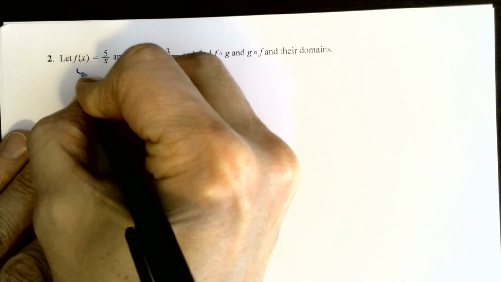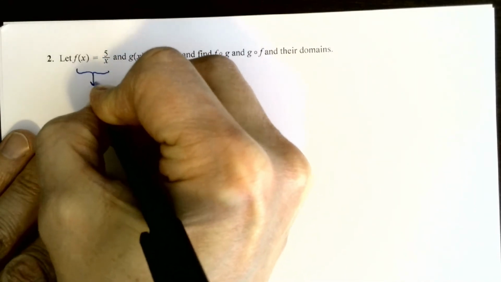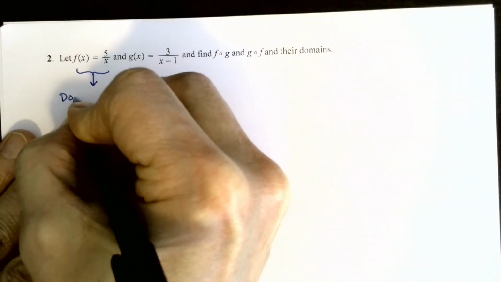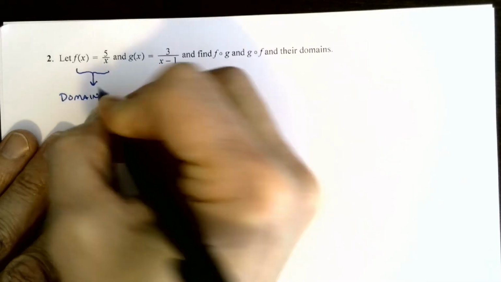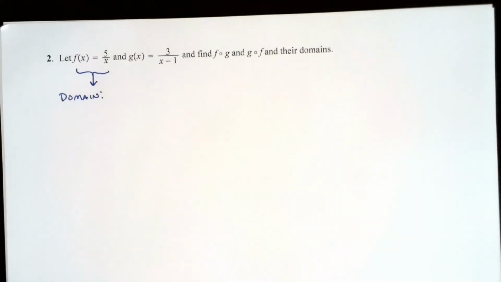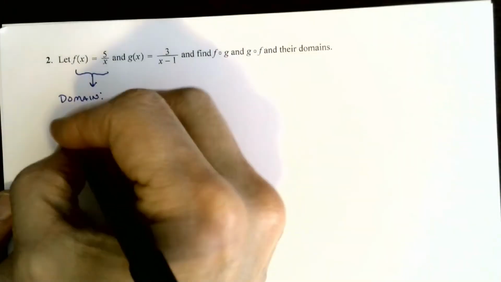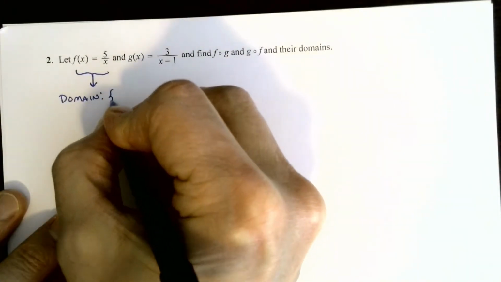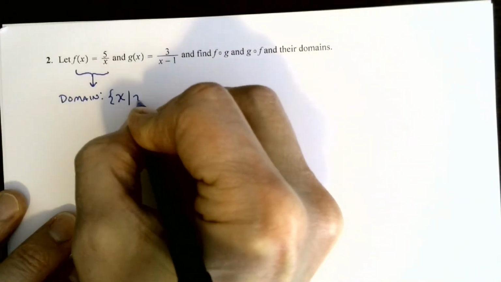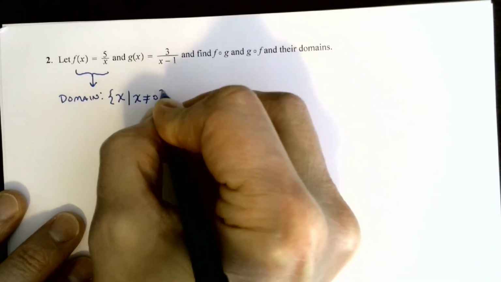What's the domain for the function f of x? Any problems here? Any value of x that will give us trouble? I think so. Right? If x is 0, we've got a problem. So the domain here is all real numbers except 0.